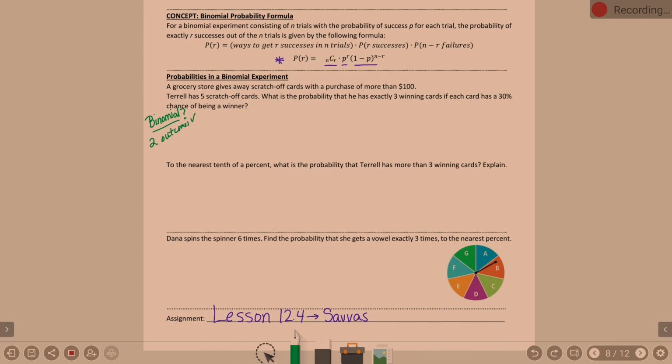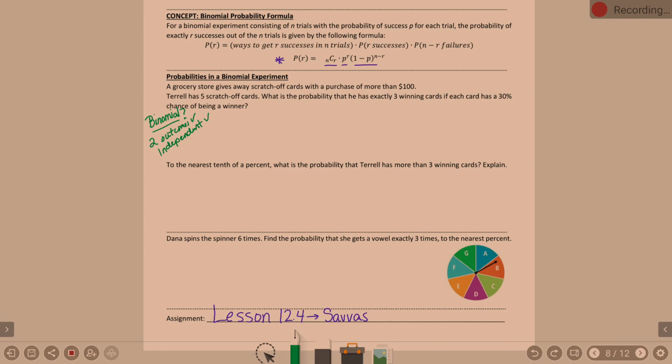Is it independent? Does whether one card win affect whether the next card wins? One winning card has nothing to do with whether the next card is winning or not. So the events are independent. Is the probability of succeeding, probability in this case of winning, the same every time?